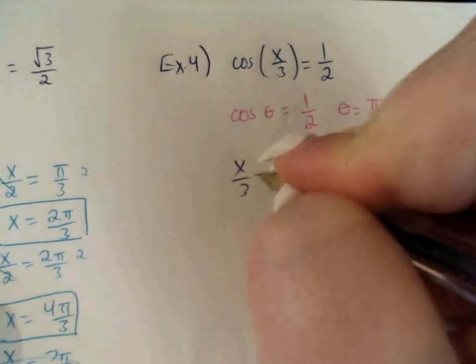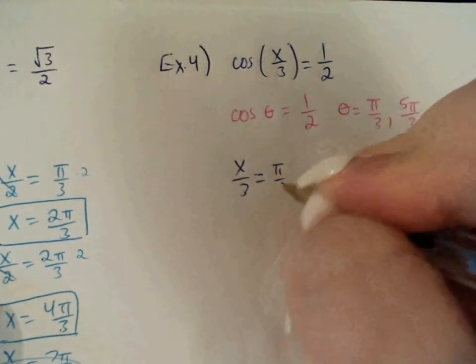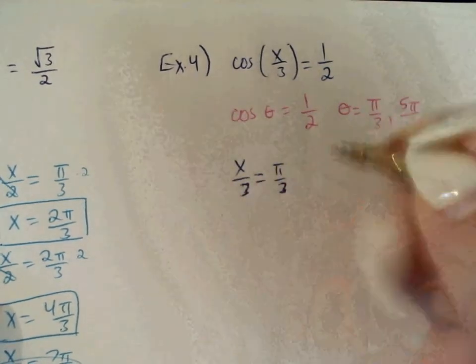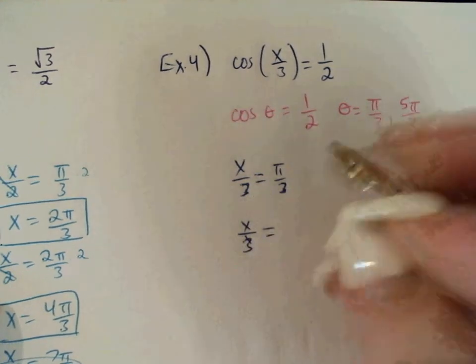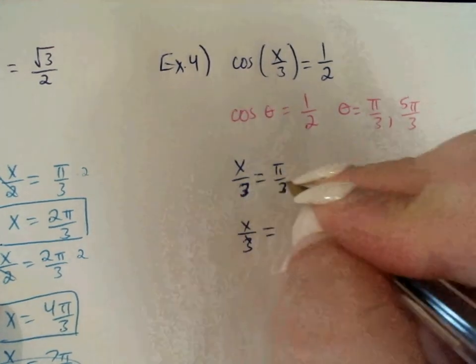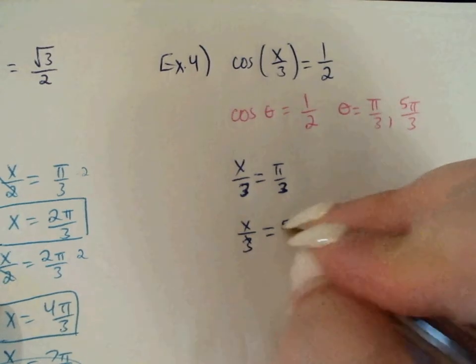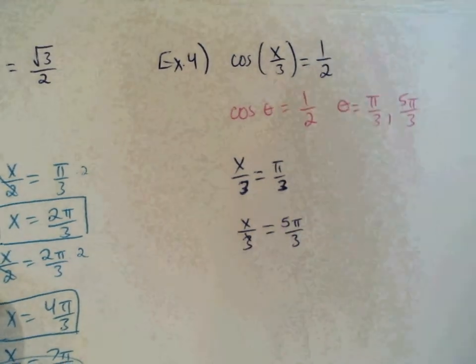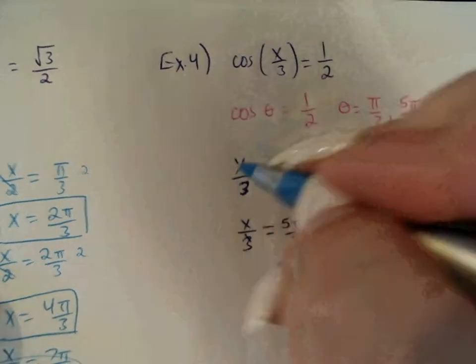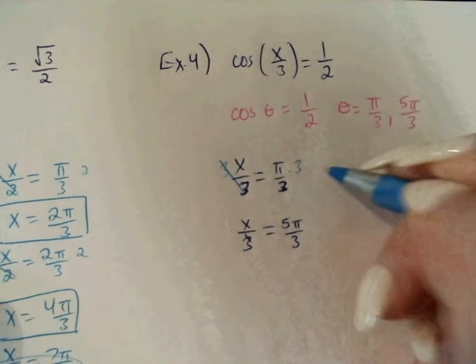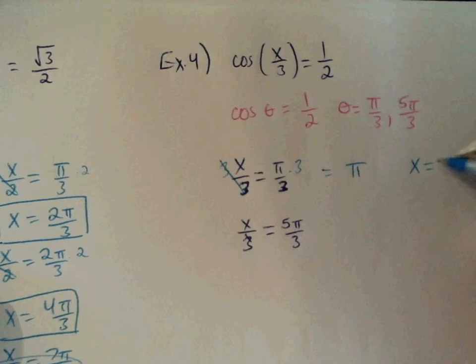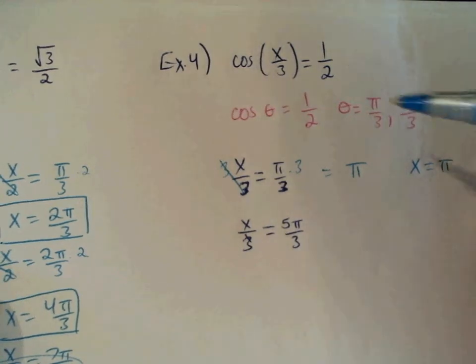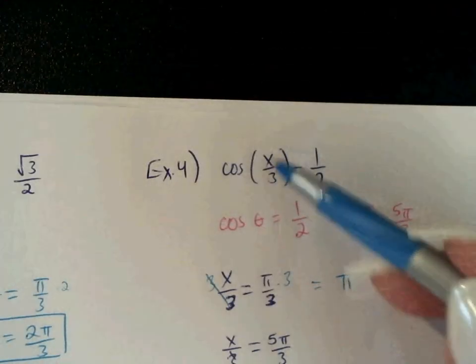But we're not dealing with theta, we're dealing with x divided by 3. So when x divided by 3 equals pi over 3, or when x divided by 3 equals 5 pi over 3. So I'm going to multiply both sides by 3, and that equals pi. So one of my answers is when x equals pi.